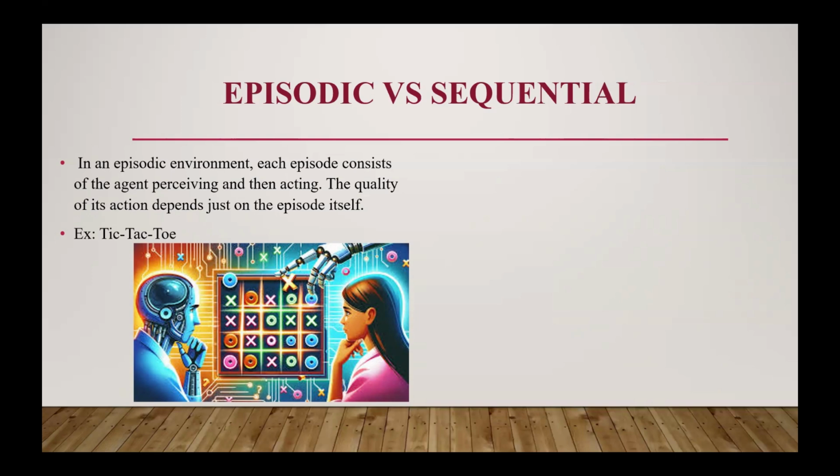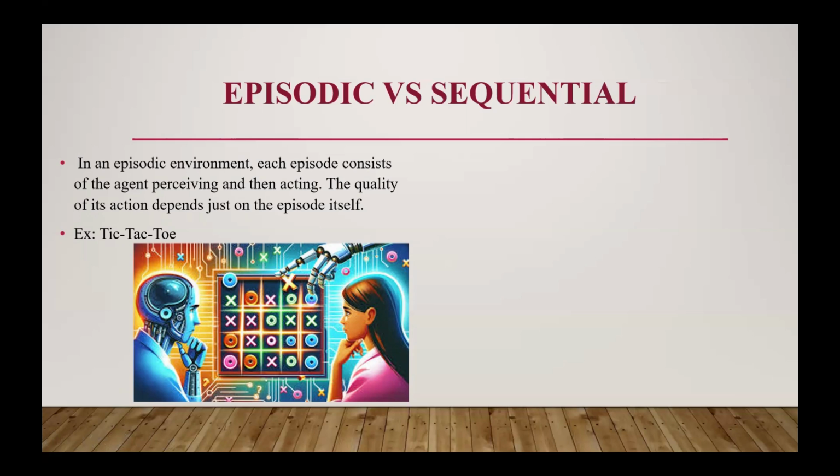Each move by a player is independent of the previous move, and the goal is to achieve a line with three symbols, either horizontal, vertical, or diagonal. So whenever they move from one state to another, it is not related to the previous one. It can independently perform its operation.